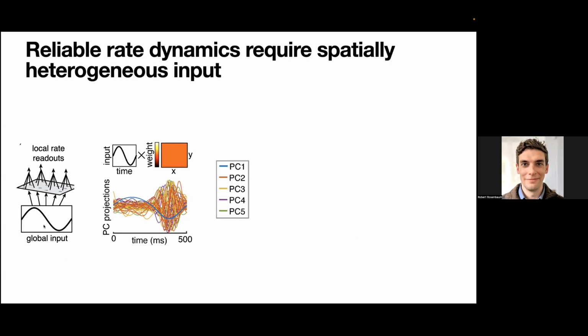So we did the same exact simulation, the same exact experiment, except we gave the same global input to the network 10 times. We repeated the same simulation 10 times, each with a different initial condition at the beginning. So the network's doing the same thing, but the noise in the network is randomly sampled, right? And what we see is that on every trial, each principal component is doing something totally different, except for the first one, which is more or less just tracking the input with some nonlinearity applied to it, probably due to some sort of shunting.